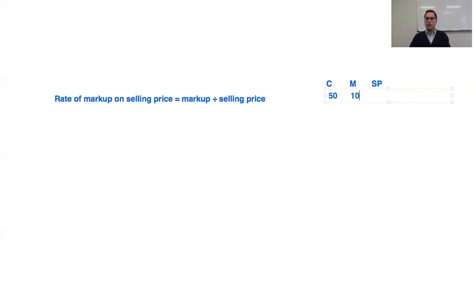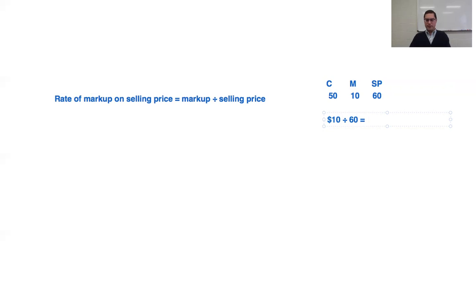Our markup was $10. Our selling price was $60. If we want to find the rate of markup on selling price, we're going to go markup of $10 divided by the selling price of $60.